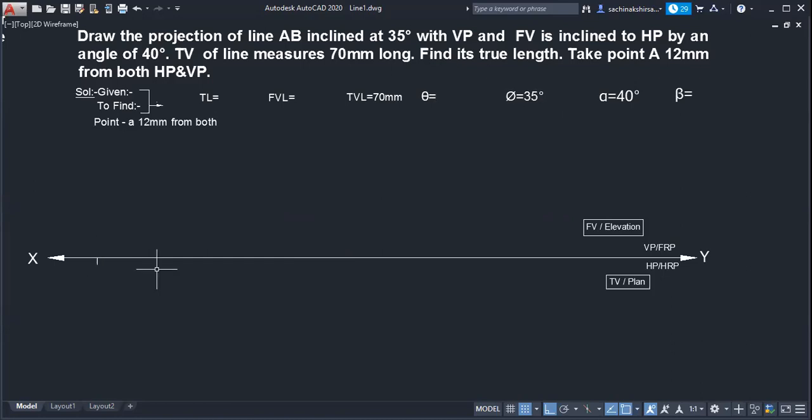So let us start. The location of point A is given. Take point A 12 mm from both HP and VP. Very simple. From here, above 12 and below 12. Here we can mark the point. Which point? A dash.